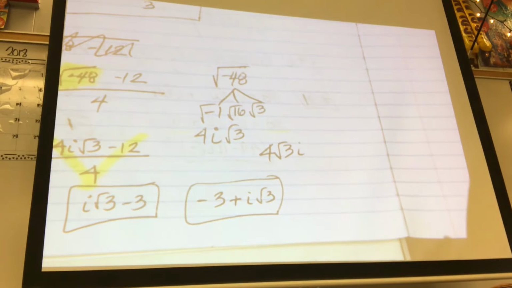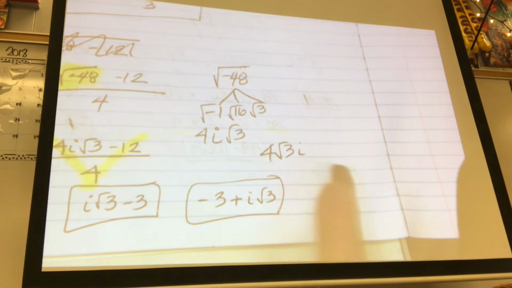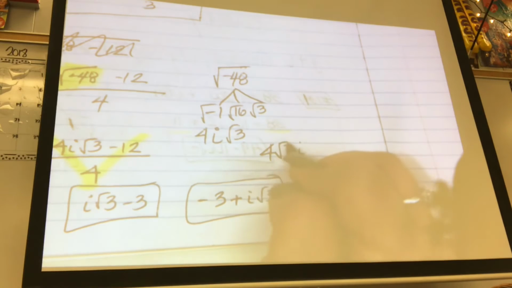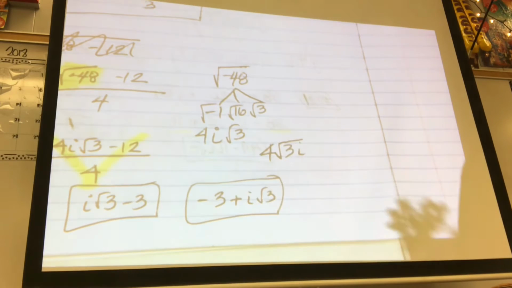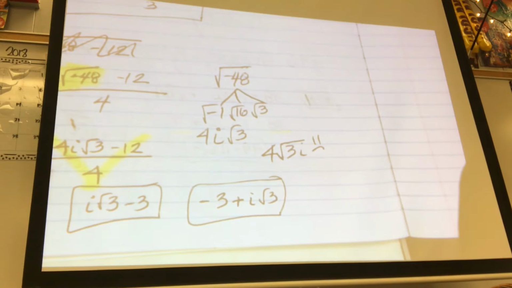Question, is the I inside the radical or outside? Outside. So you have to be careful that you don't do this, because that little thing is wrong. Sad face, not the same thing. Just be careful. If you're on a test and I'm unsure, I'm going to mark it wrong. So just be safe and just put it outside.